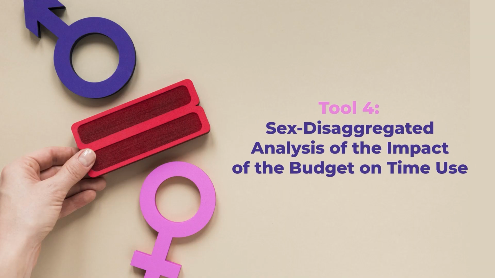The fourth significant tool is sex disaggregated analysis of the impact of the budget on time use. You all must have heard about the term time use survey. Let us see what is sex disaggregated analysis of the impact of the budget on time use as part of the tools for implementing gender budgeting.